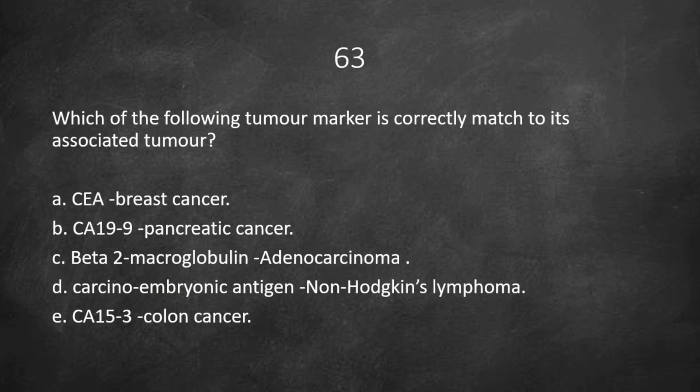Question 63 says: which of the following tumor markers is correctly matched to its associated tumor? CEA matched to breast cancer. CA19-9 matched to pancreatic cancer. Beta 2 microglobulin matched to adenocarcinoma.